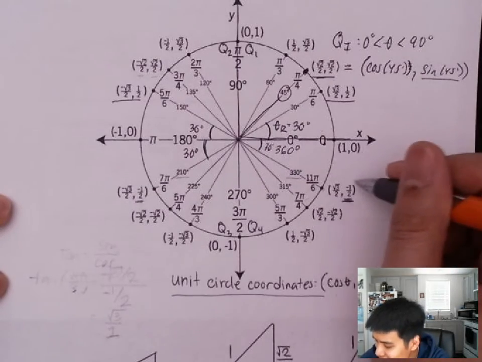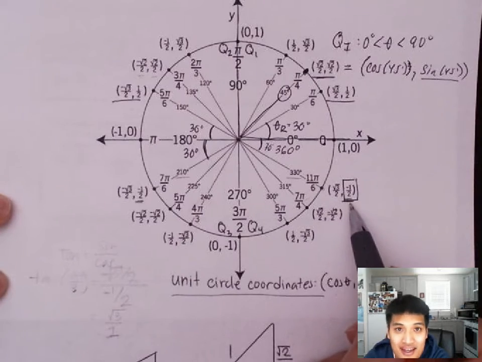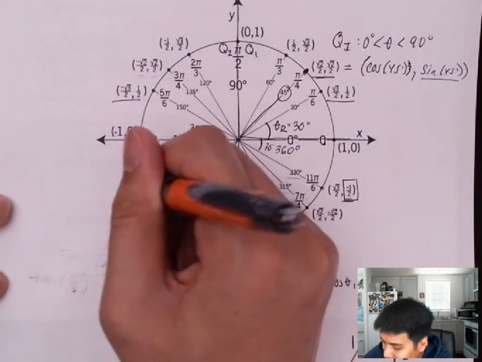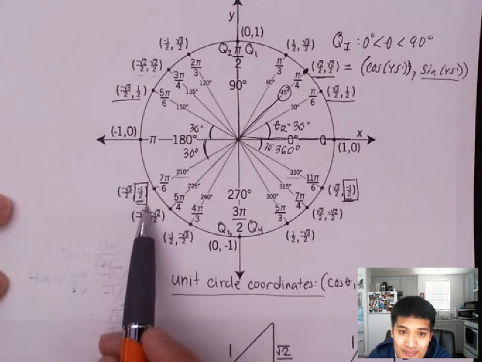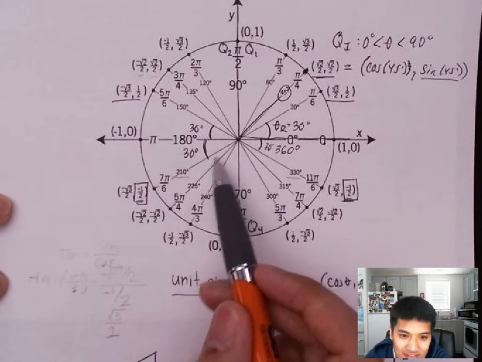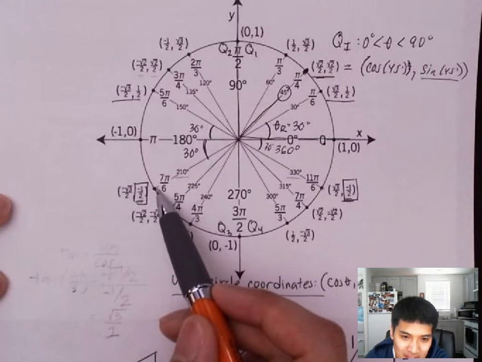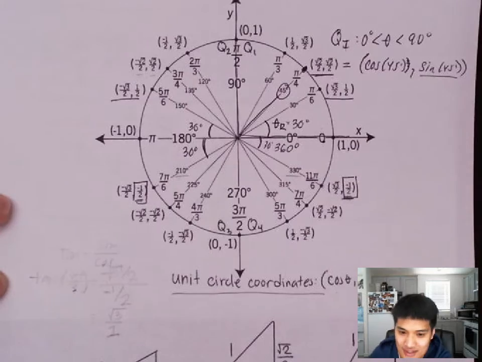And in this case, as you can see, right over here we have a y value of -1/2, and right across from it we also have a y value of -1/2. The angle measures that give that are 210 degrees, or 7 pi over 6, and 330 degrees, or 11 pi over 6.